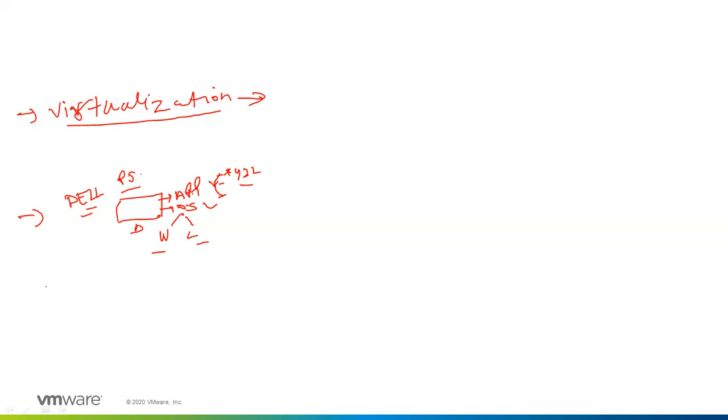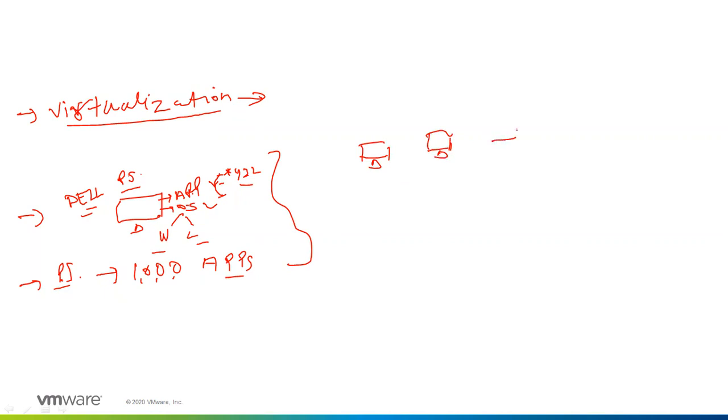So if we are using the approach of physical servers, let's take an example. A customer needs to build 1,000 applications. For all these 1,000 applications, the customer needs to create 1,000 physical servers, right? And it's not only creating, it's also connecting them with your network fabric.